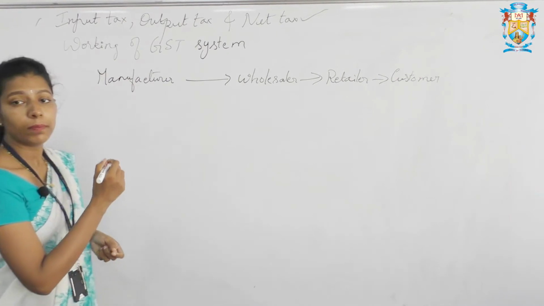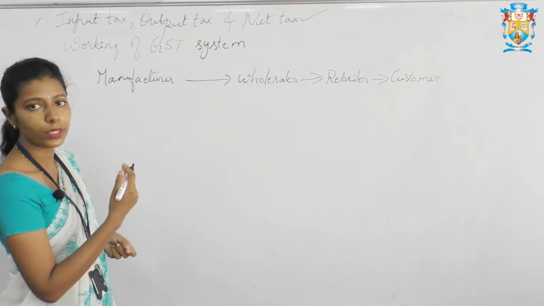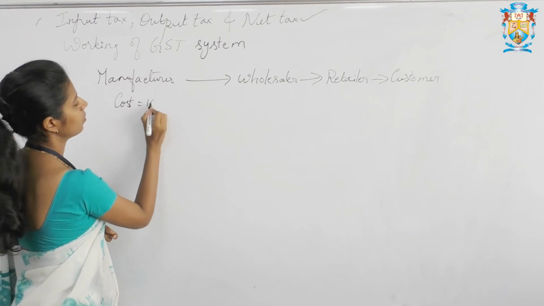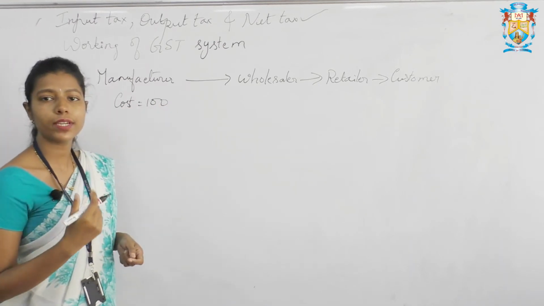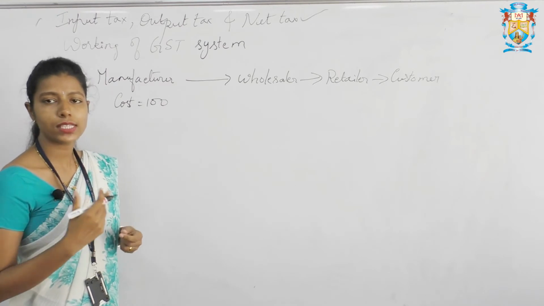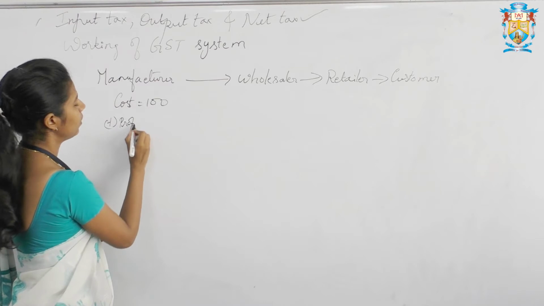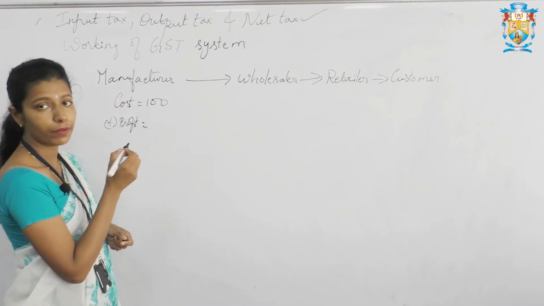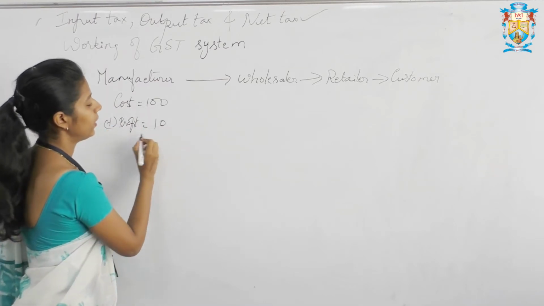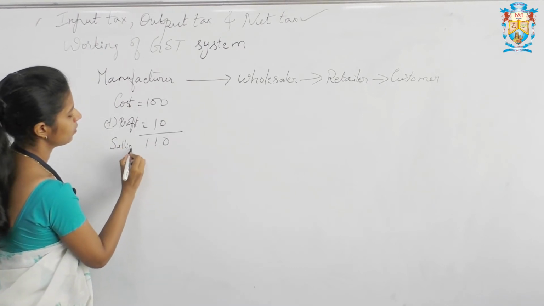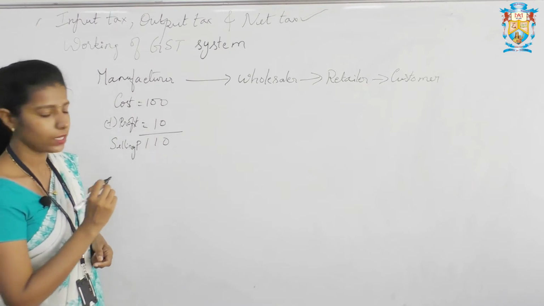Say for example, the manufacturer fixed the cost for the product as rupees 100. Of course whenever he is selling the product, he will keep a profit. Say for example, he kept a profit of 10 rupees on the 100 rupee cost. So 110 rupees will be the selling price.